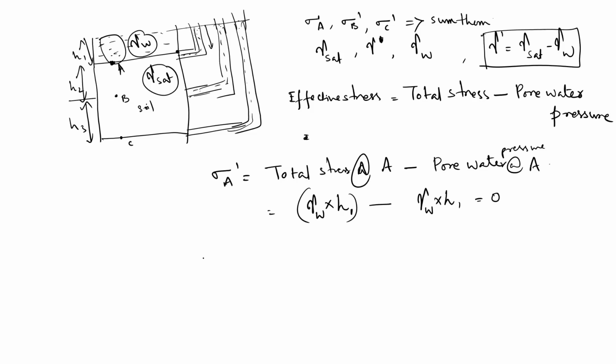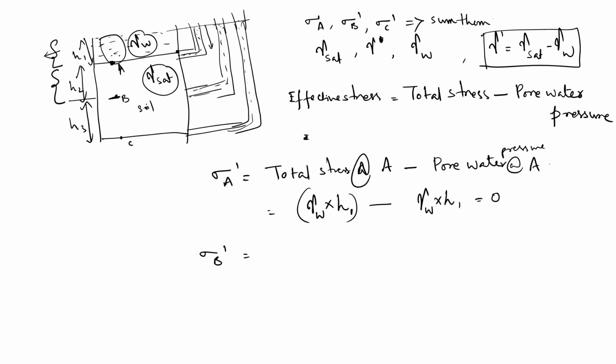Now effective stress at B, again total minus pore water pressure. Total stress at B, pore water pressure at B. So how to calculate total? Again we have water as well as soil above B. So above B, I'll take the total stress due to water separately and soil separately.